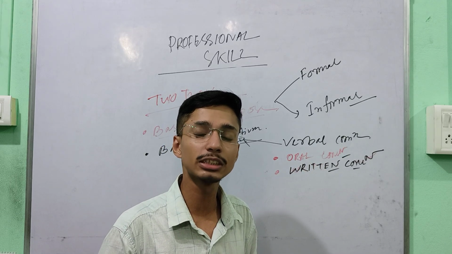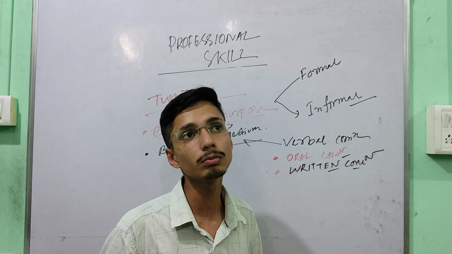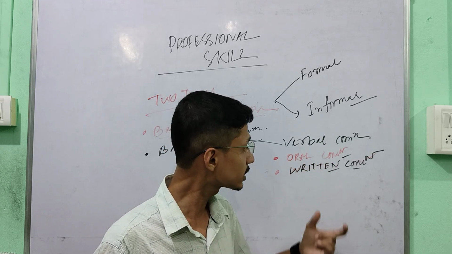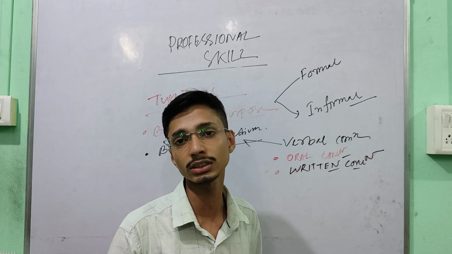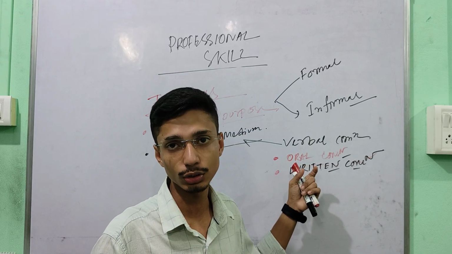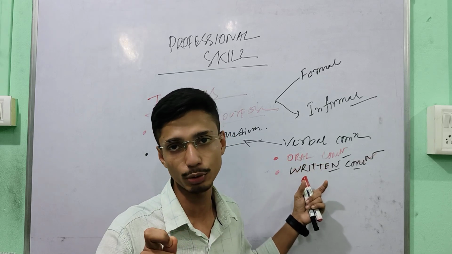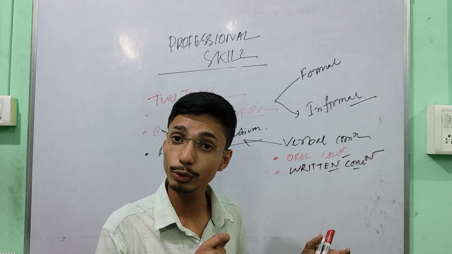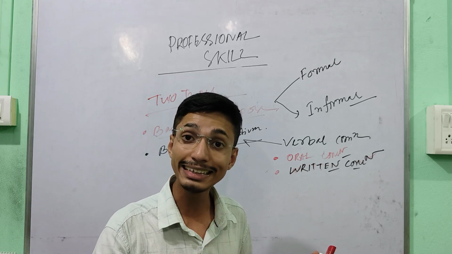So if in our semester exam, a question arrives like state the difference between oral communication and written communication for 6 marks, we can easily write: oral communication is the fastest process of communication, whereas written is a lengthy process. Because in written communication, we have to write the information and it takes time.